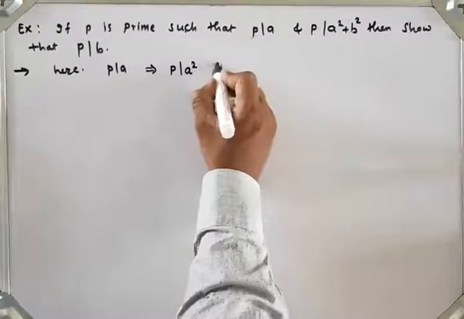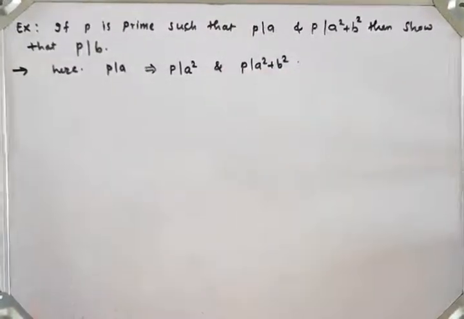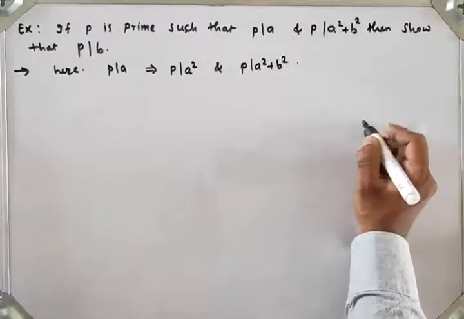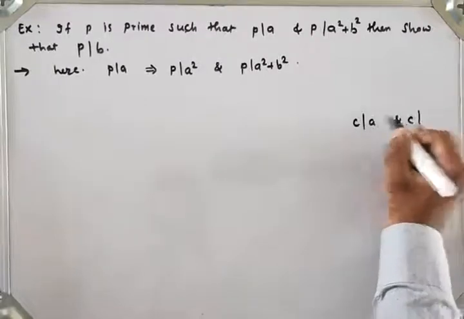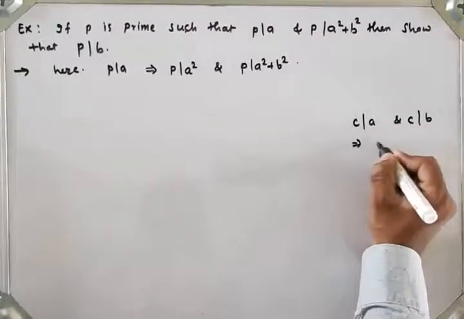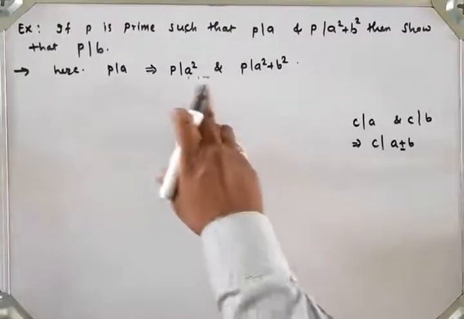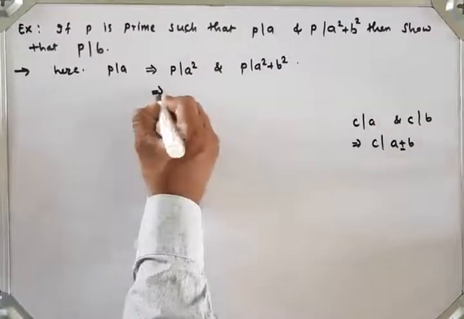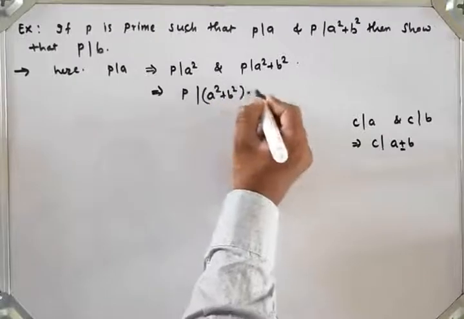And also what is given, p divides a square plus b square. Then we have the property that if c divides a and c divides b, then c must divide a plus b or a minus b, right? So here p divides a square and p divides a square plus b square, then we say p divides a square plus b square minus a square.